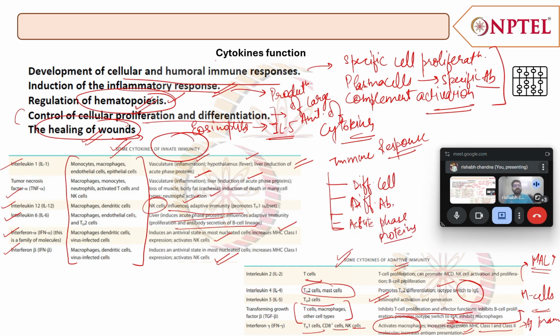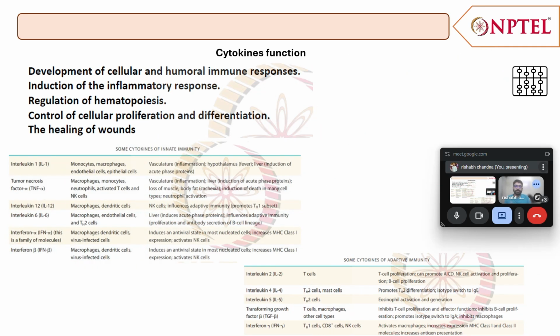Likewise, different cells and different antibodies require different cytokines. That's why different cytokines are important for different cellular functions and different immune responses. Okay, so now moving on.